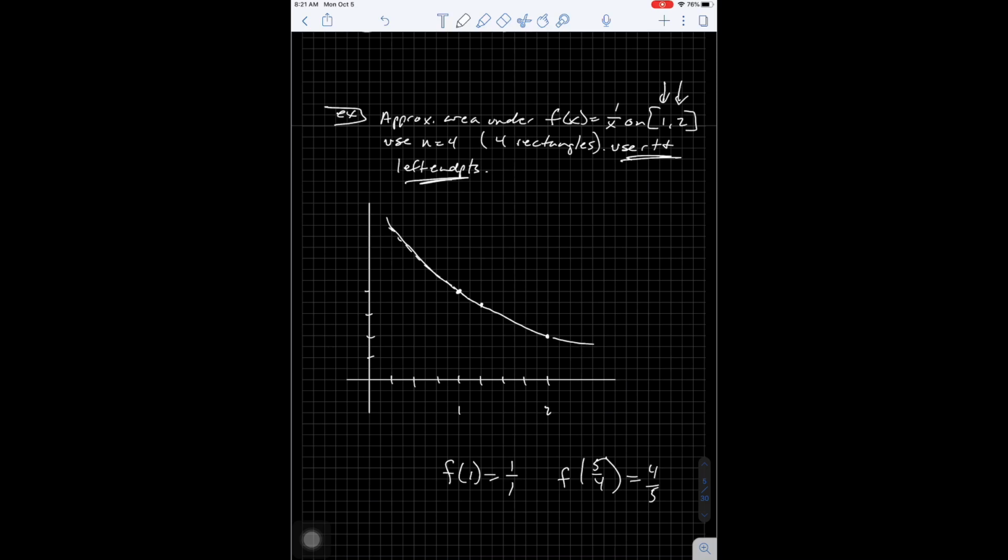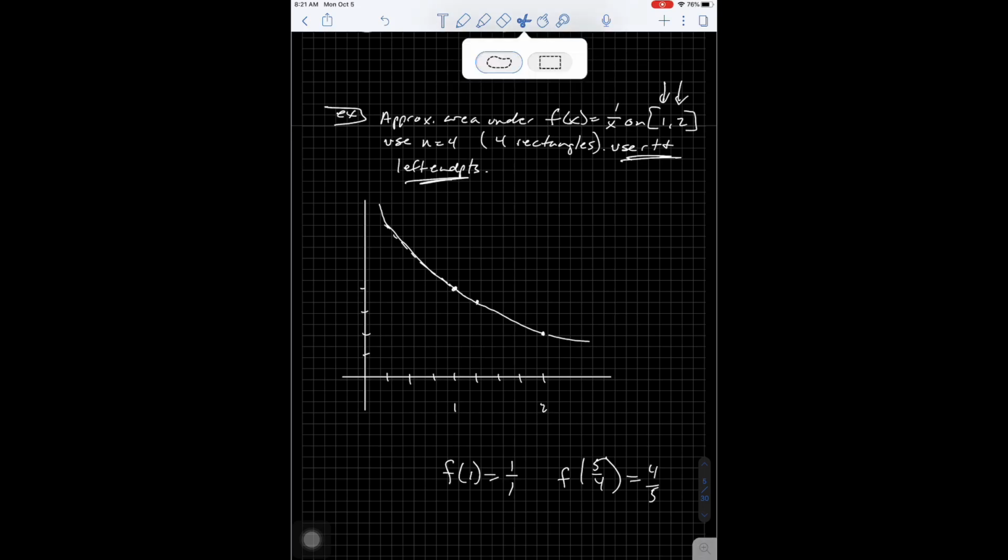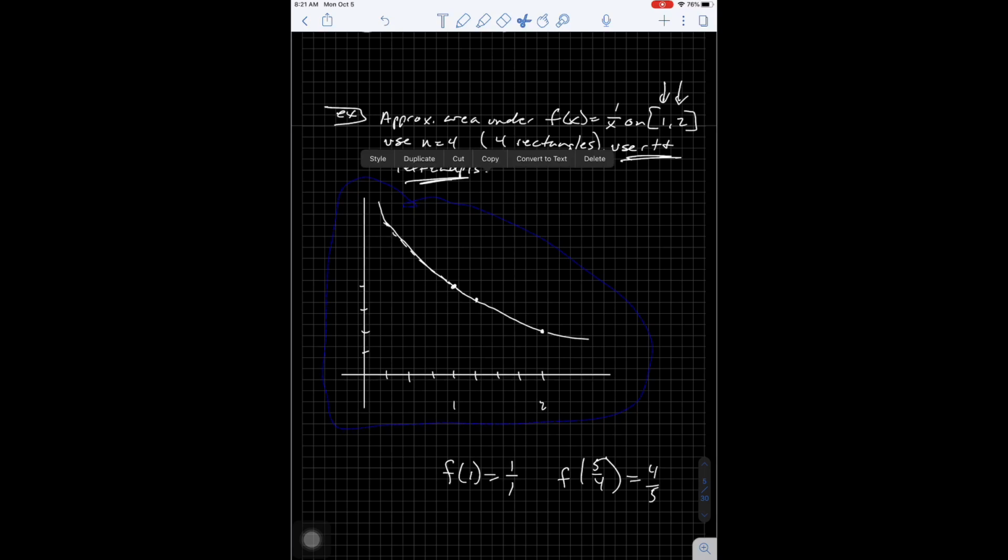If you remember this from pre-calculus, it's a swooshy thing. It's one of these guys. We're just zooming in on this little piece between 1 and 2. All right, I'm going to copy this picture for the next part of this, so we don't have to draw it twice.